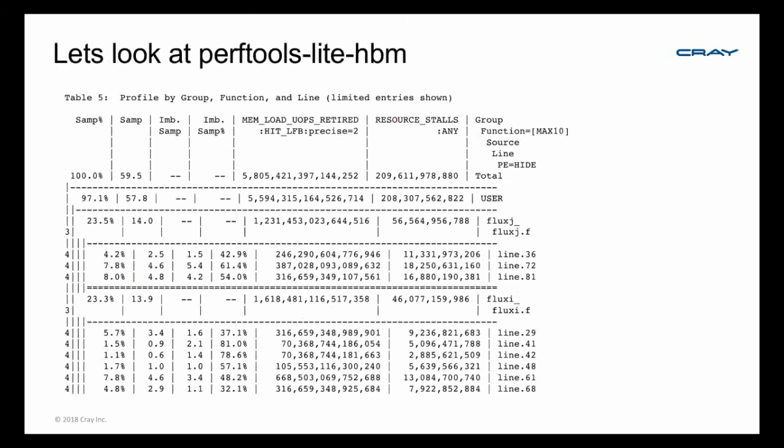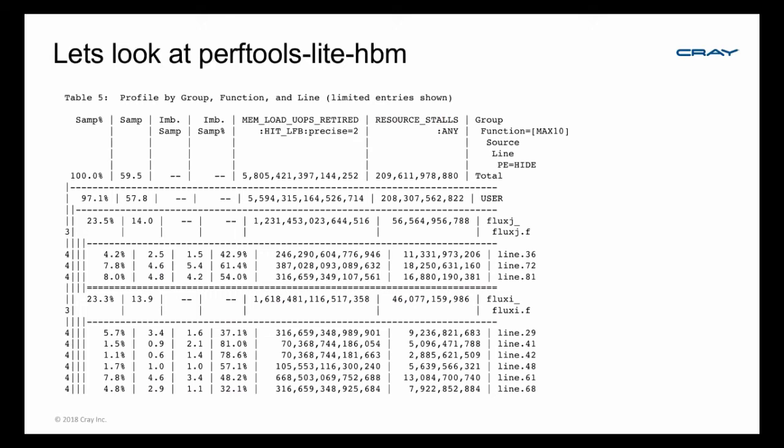So this is a new tool, and we load Perftools-lite-hbm. HBM stands for high bandwidth memory. We actually developed this for KNL, and then found out it's extremely useful for looking at cache utilization on any machine.